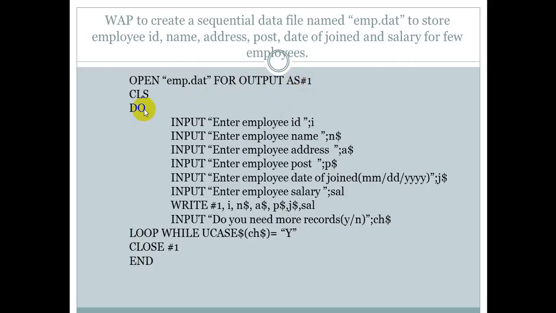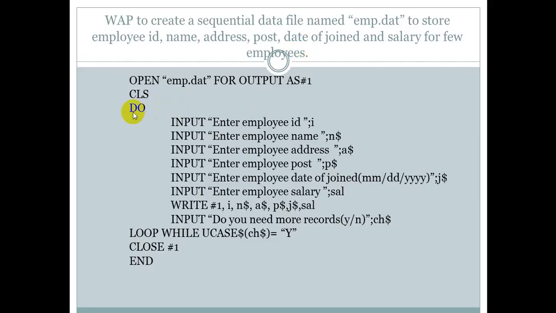We don't know how many employee records we have to store, because it is a few employees, so we don't know. That's why we should use a DO loop. If the number of employees is given, then we can use a FOR NEXT loop also.